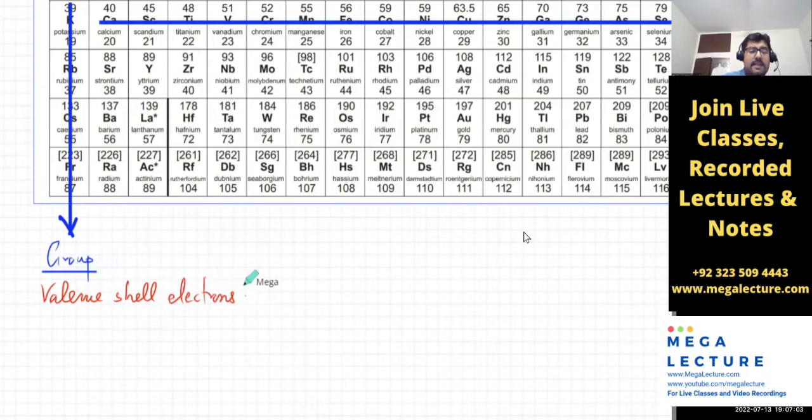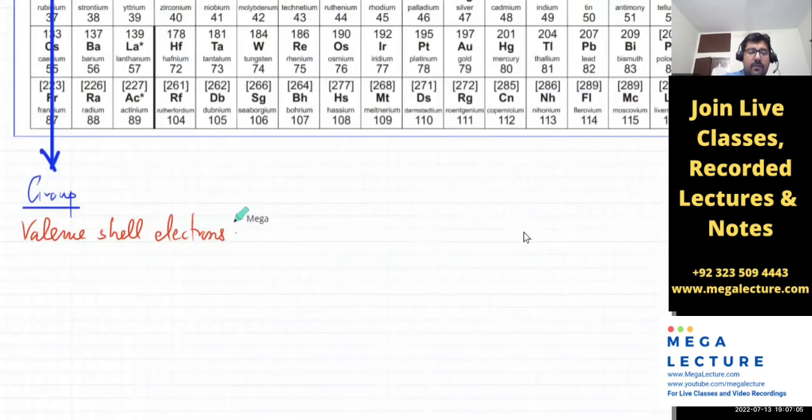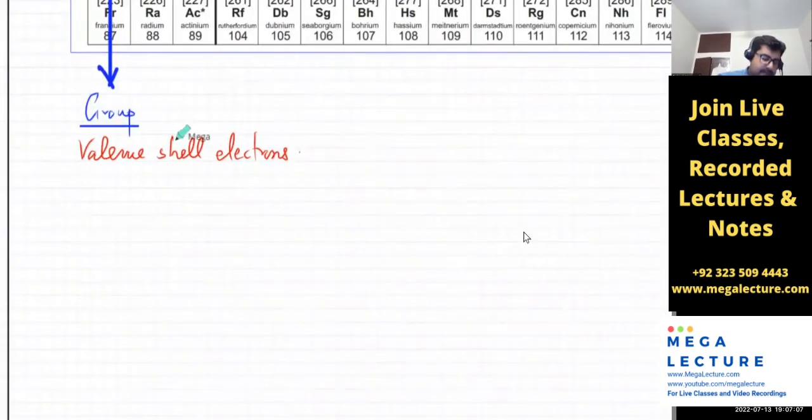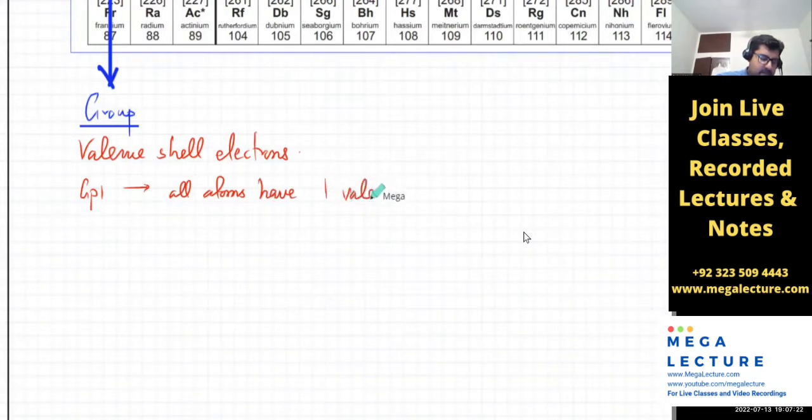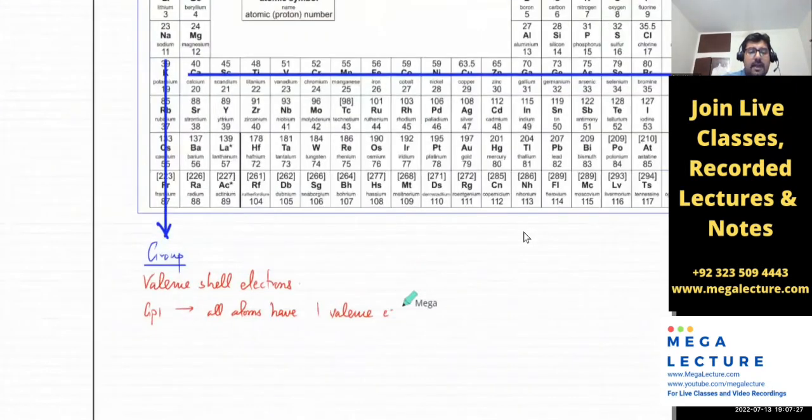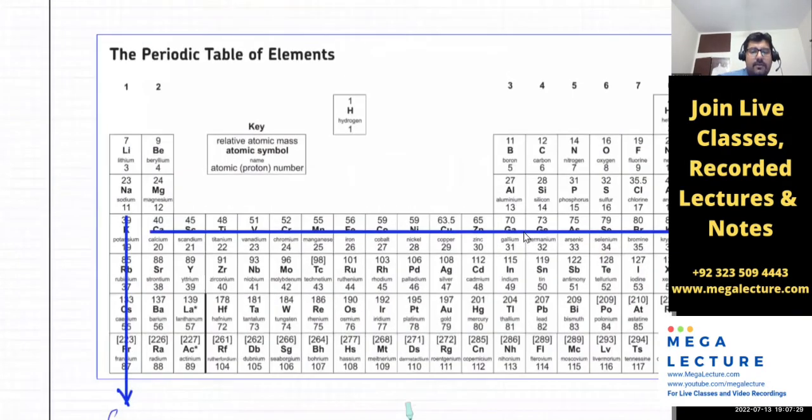Anything that's in group 1 will have 1 electron in its valence shell. So the group numbers are given at the top. So group 1, all atoms will have 1 valence electron. And so the group numbers are given over here.